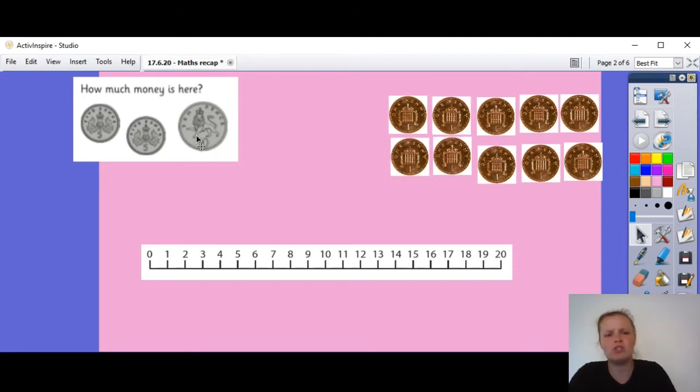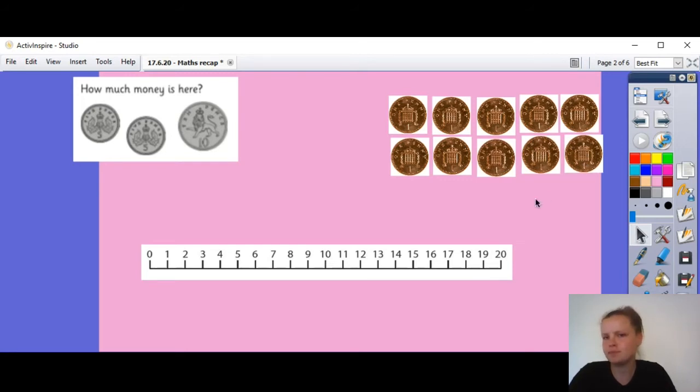How many ones do you think the 10p is worth? How many ones do you think the 10p is the same as? Hopefully you would have said that the 10p coin is the same as 10 ones.